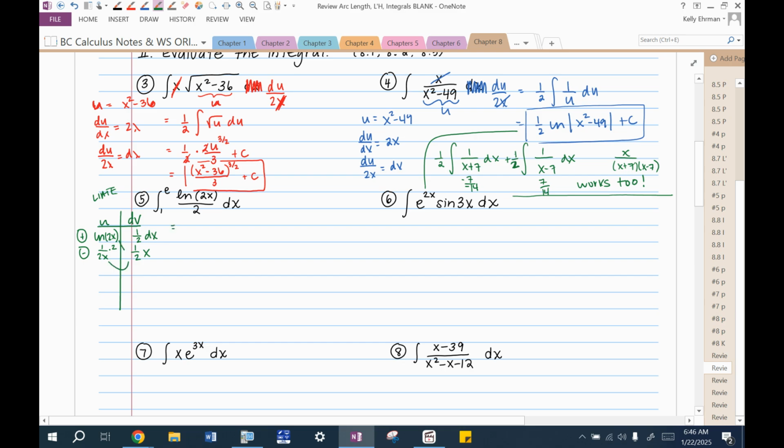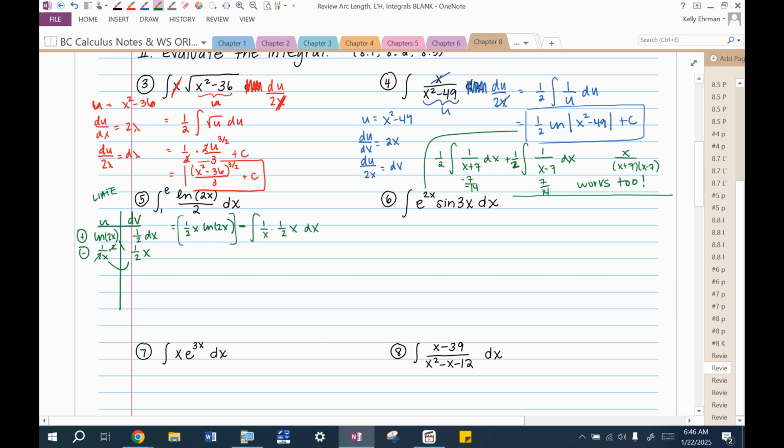So far this comes out to 1/2 x times natural log of 2x minus the integral of 1 over x times 1/2 x. I'm going to clean that up for sure.